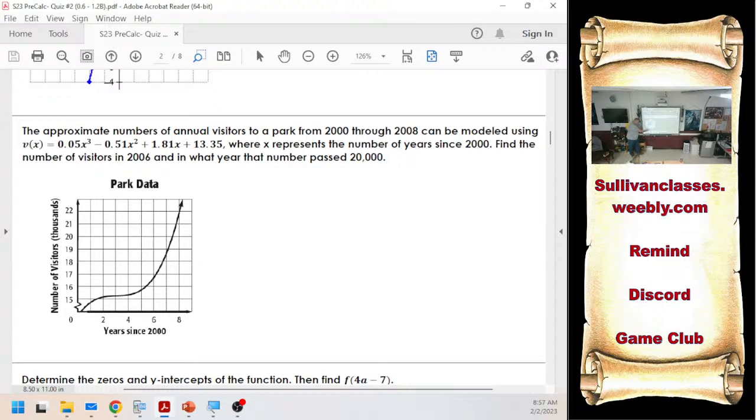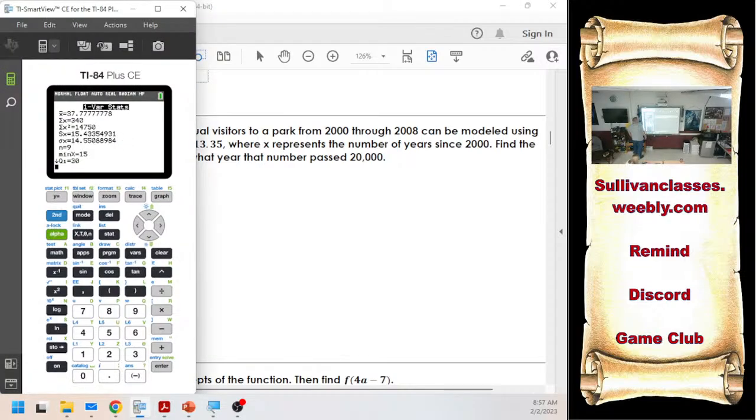So I'm looking for, not 2006, 6. Where do I put 6? It's my input. It's my years. It even says it right here. X is years. So I'm going to plug 6 into that function. You know what? I'm going to type that function in because I don't want to mental math. In fact, I don't trust myself to mental math right now.